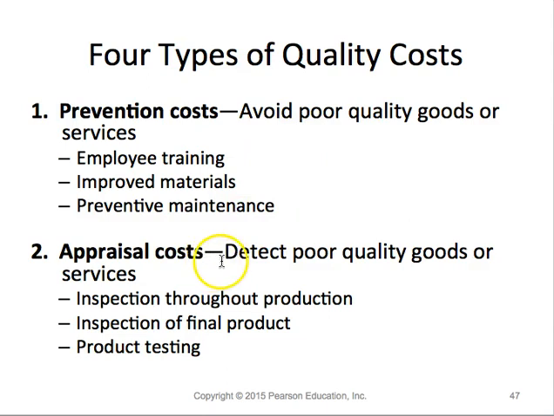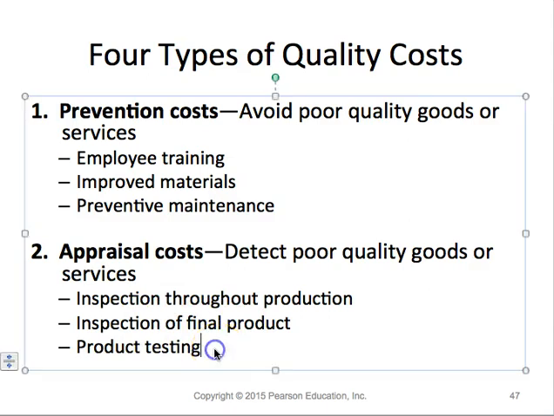Appraisal costs are to detect poor quality goods or services. Inspections throughout the production, inspections of the final product, and product testing. One product testing you may know about is when GM or other car companies are making cars, and they have those crash tests.